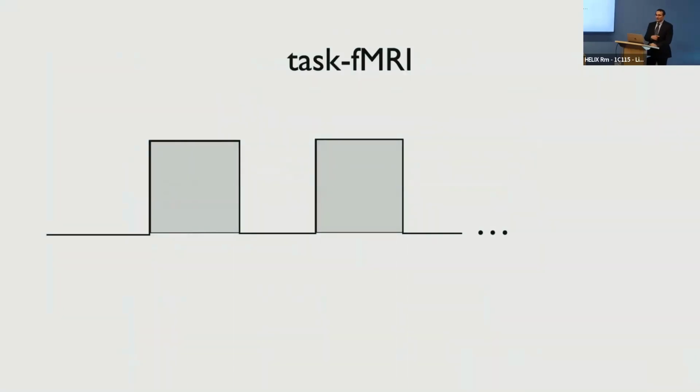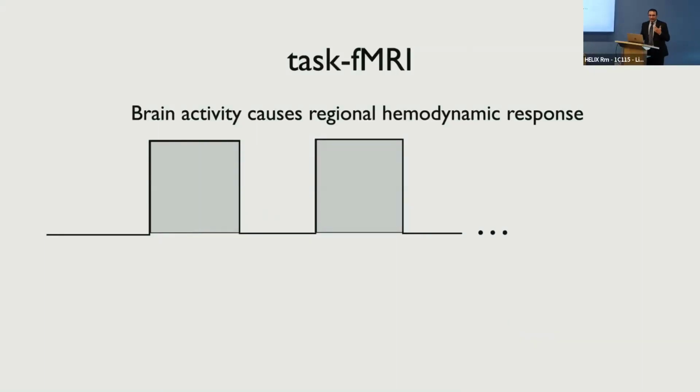I'll start off with task fMRI because I think it's good to know what we've been doing since the 1990s. The principle of task fMRI is the assumption that if a certain area of the brain is active, you get a change in blood oxygenation and blood flow to that region.